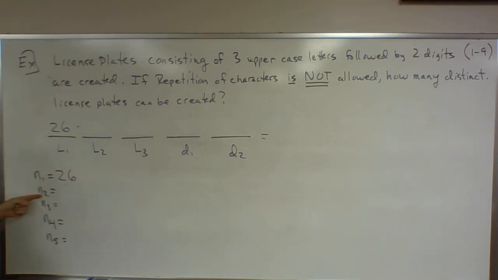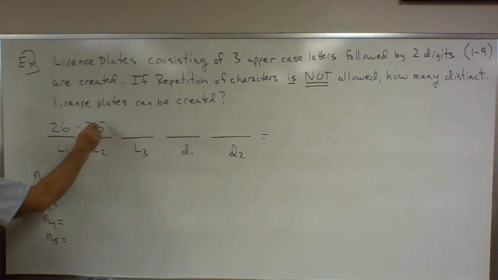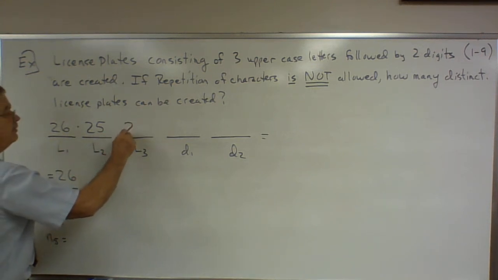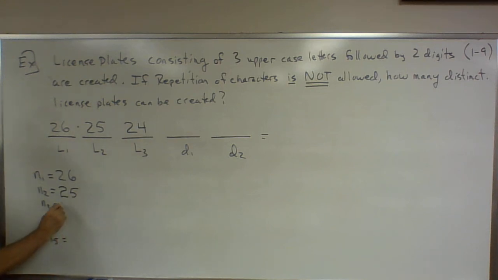So when we select the second letter, there are only 25 letters to choose from. So there are only 25 outcomes for the second stage of the experiment. And for the third stage, when we select the third letter, since we can't have repetition, we can't use either of the first two letters. So we only have 24 letters to choose from for the third letter.